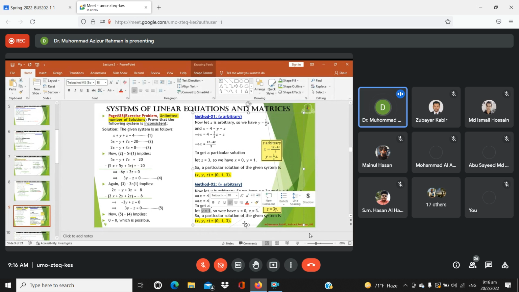So if you take y equals 2, what will be the value of z? 6. Then what will be the value of x?